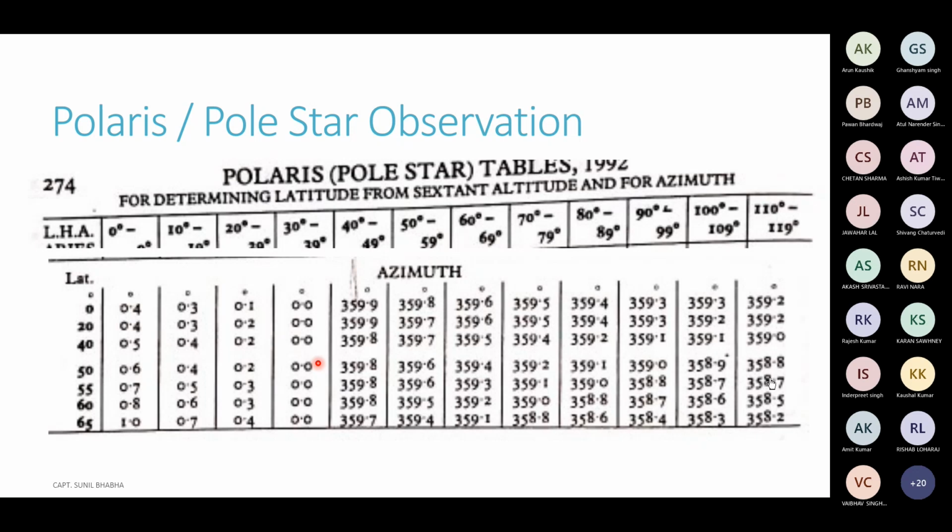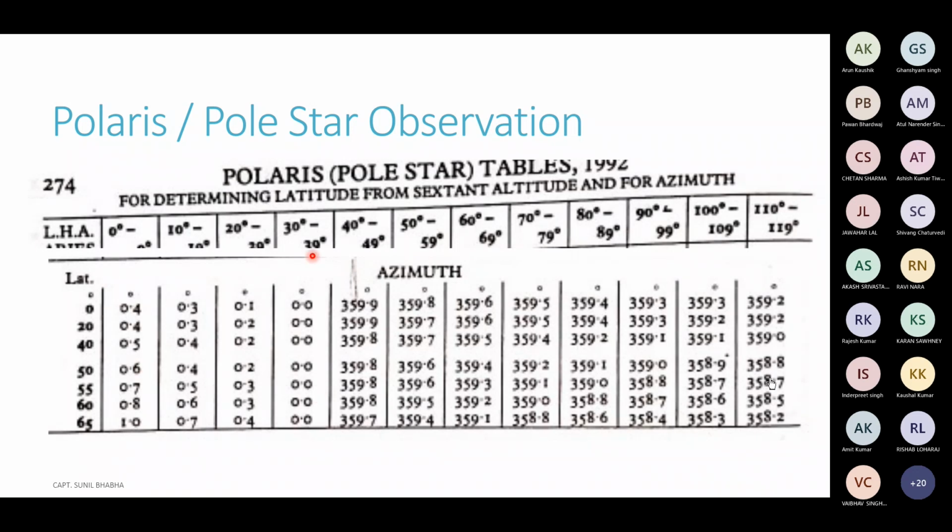Just keep in mind that there are 2 ranges of LHA Aries, 30 to 39 and 210 to 219, wherein the azimuth is exactly 000.0.